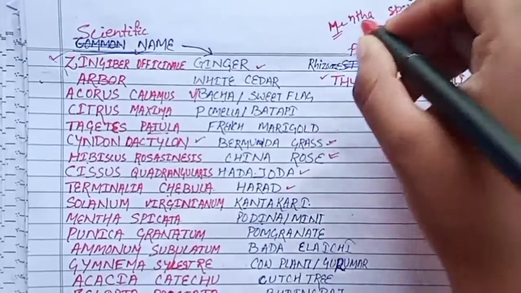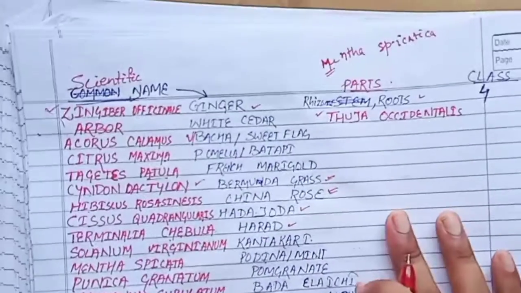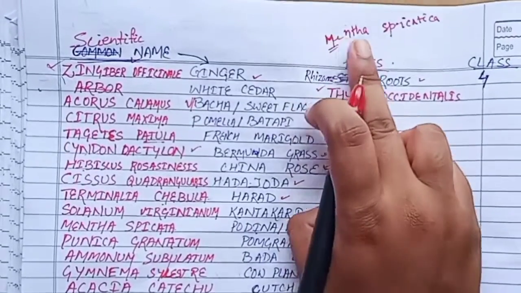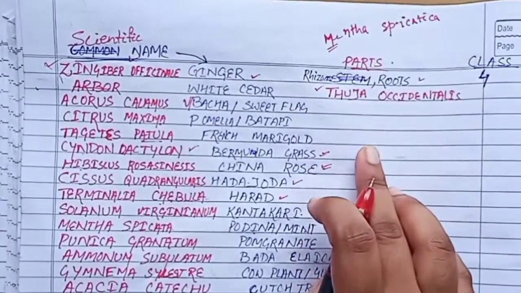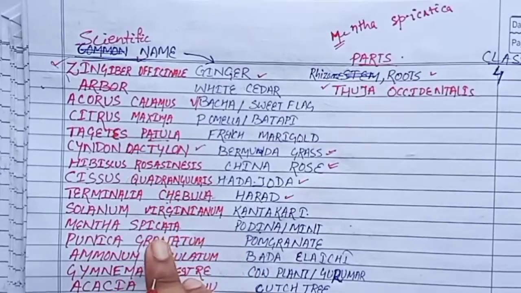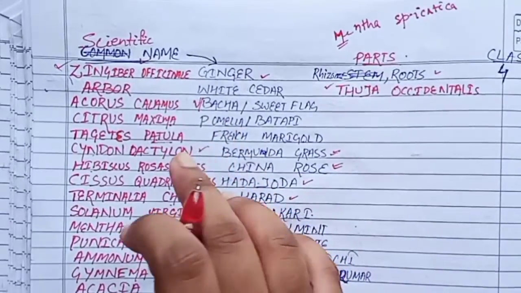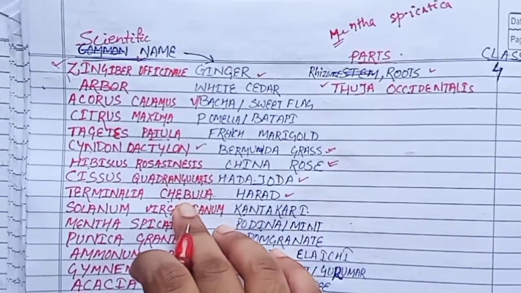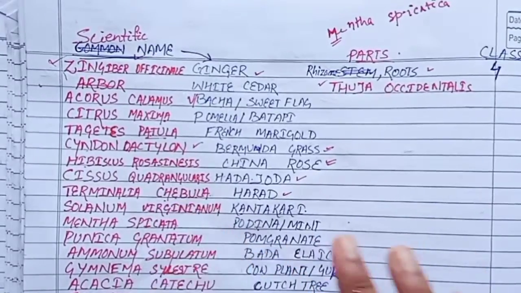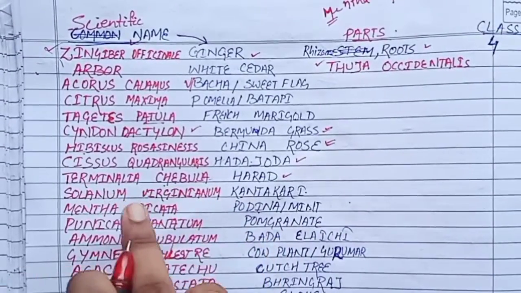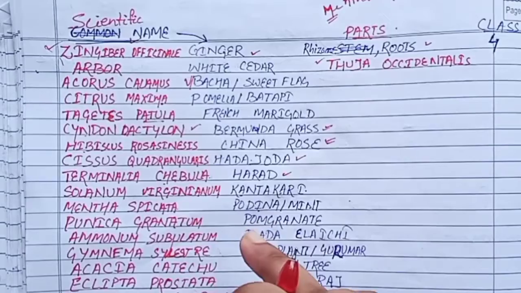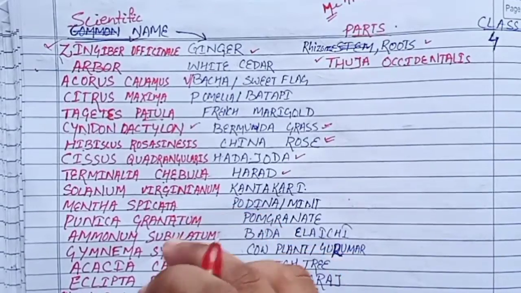So this is an example of how the name is written. Here I only wrote in capital letters for your clear understanding, but this is not written in that manner in your exam. Please take notice of that.